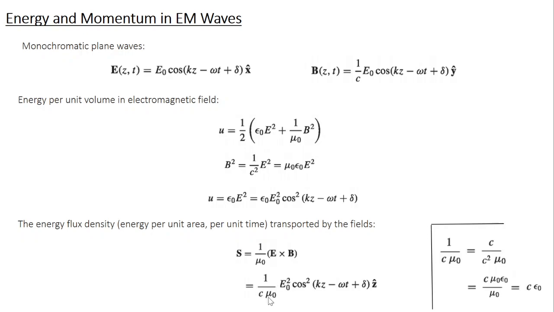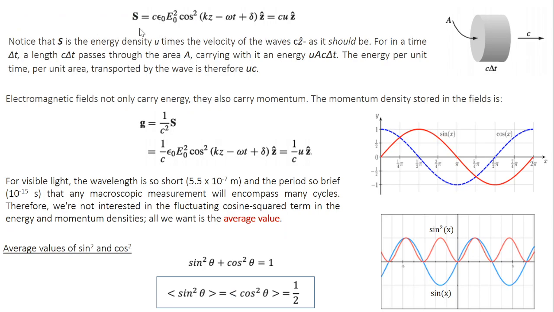So instead of 1 over c mu naught, you can write c epsilon naught. The expression for the flux density becomes c epsilon naught E naught square cos square (kz minus omega t plus delta) z cap.